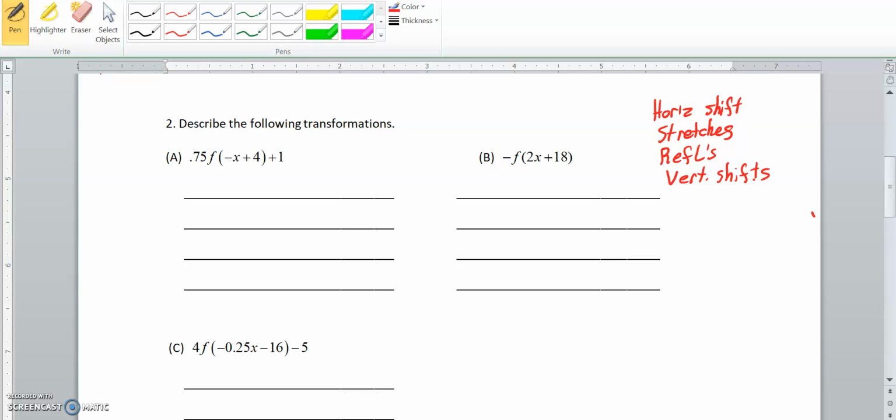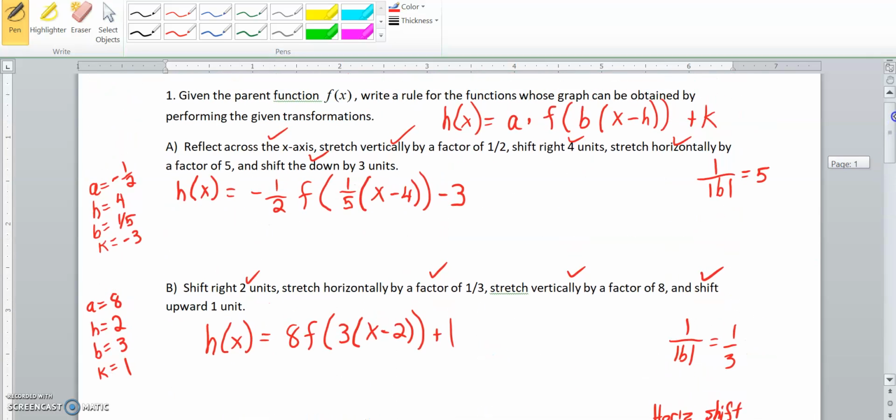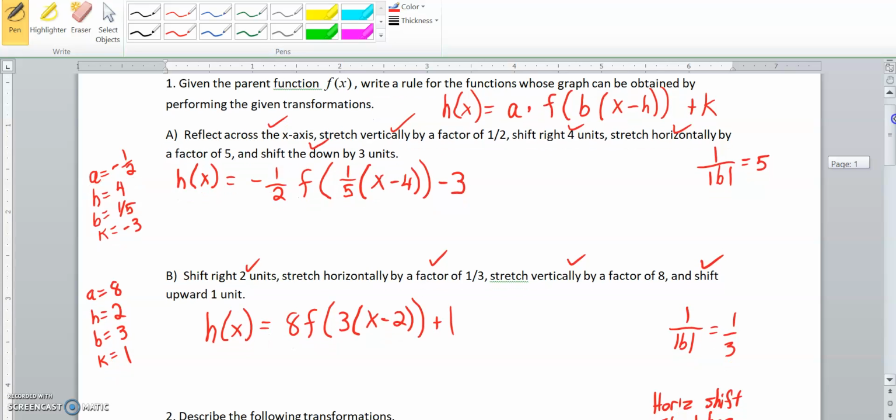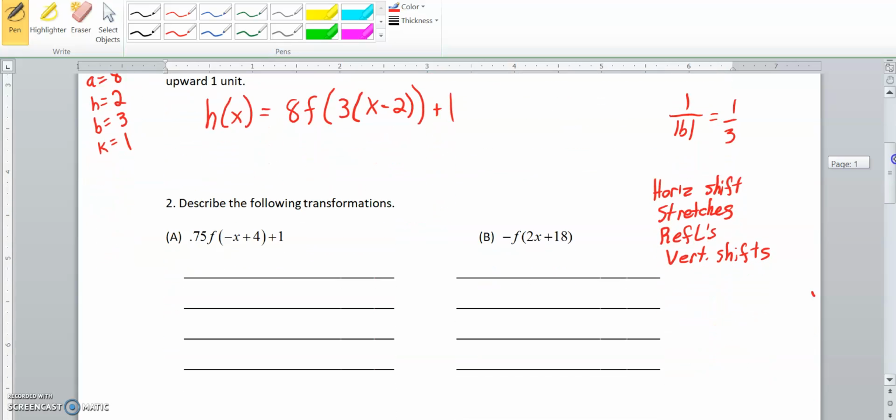In that regard, you look at A. The first thing we have to do is get this into standard form, that standard form from up above: A times F of B times x minus h. We cannot have a coefficient or negative sign in front of our x.